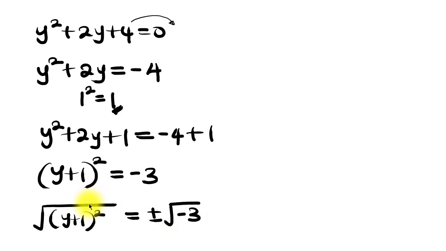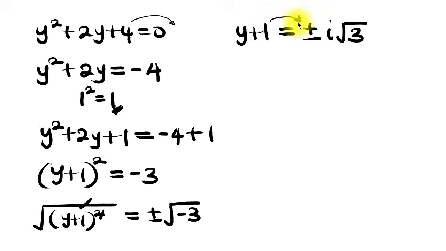Now notice something, that this square root cancels out the square, leaving behind y plus 1 on the left-hand side to be equal to plus or minus. Now I have a negative inside of a square root, which indicates that this is a complex number. So this will be i times the square root of 3. Very good. Now to get the value of y, I have to move 1 to the right-hand side.